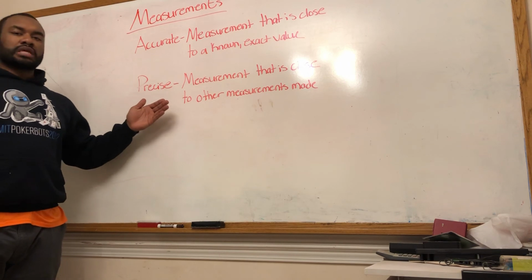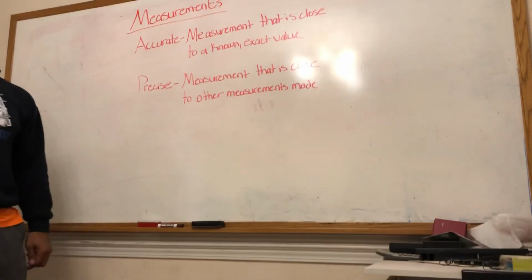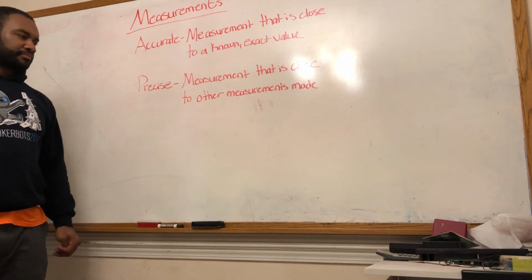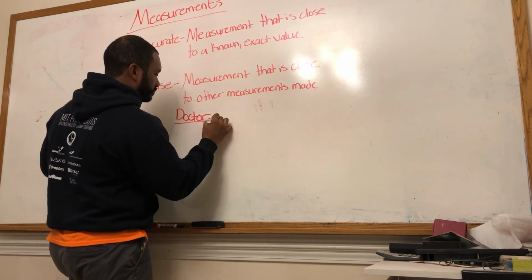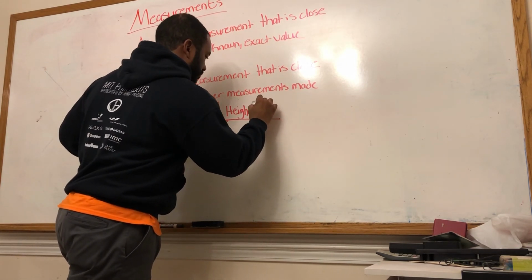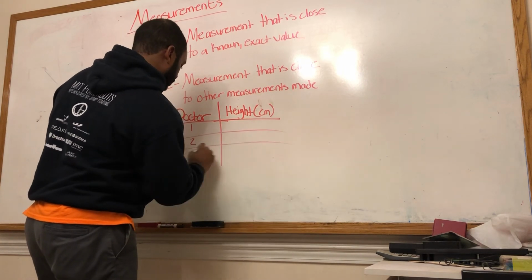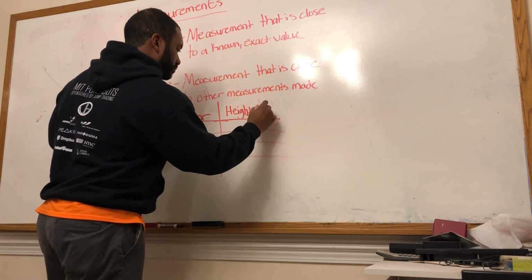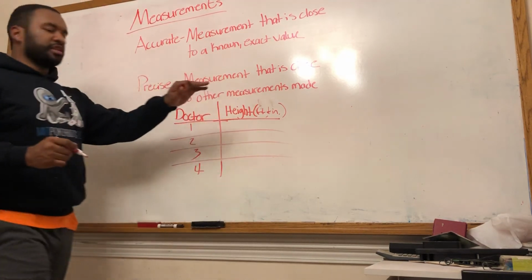Precise, an example of precision of measurements would be if I was to go to 4 doctors because I had a serious health condition and they were going to give me a physical, and you were to say, for doctor height in feet and inches.